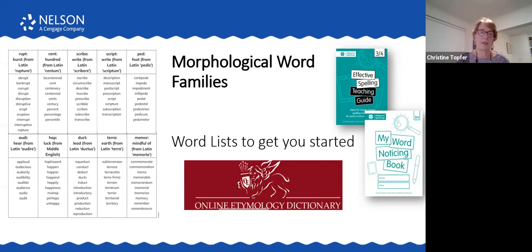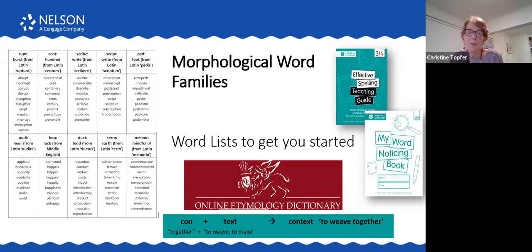Clearly, the important thing is that you do this investigation with the kids and you come up with some hypotheses of could this word belong, and then let's have a look perhaps in a dictionary to check and to look at its actual origin to see if they do come from the same origin. So it's an investigation in that way. But we did give you some in these morphological word family lists to get you enticed into starting this work. Because remember, all words have a base. Here's an interesting one. We need to teach these in context.